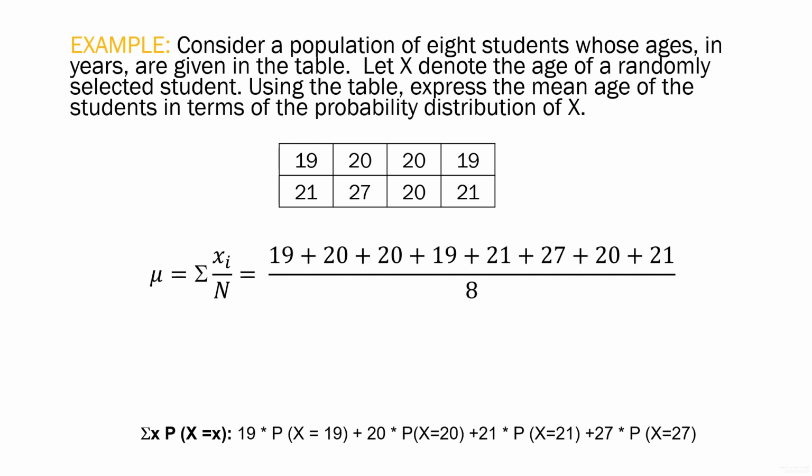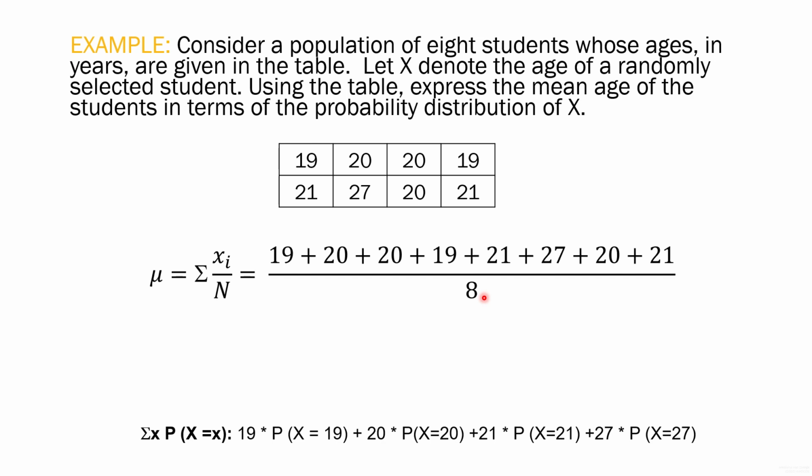So calculate your mean, and you can do that by summing up all of these variables here. So 19 plus 20 and all of that divided by 8, which is the total. Now, the next thing that we want to do is show that we can express the mean of the variable of this population in terms of a probability distribution.